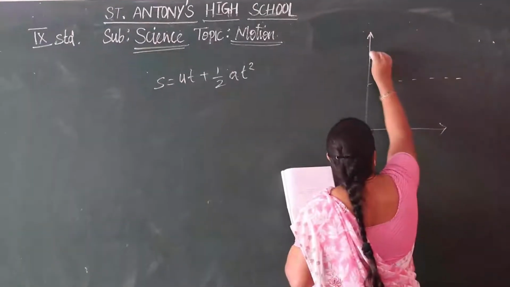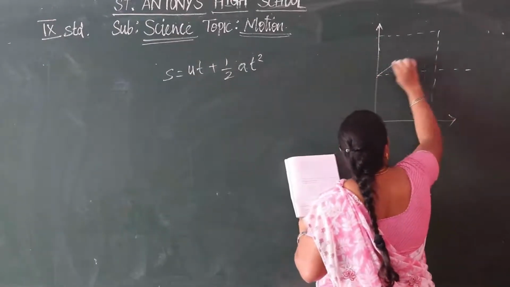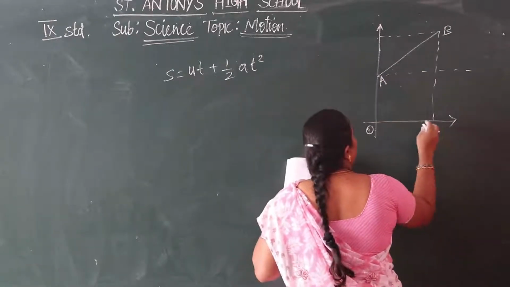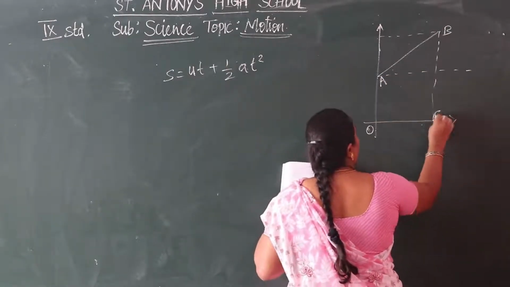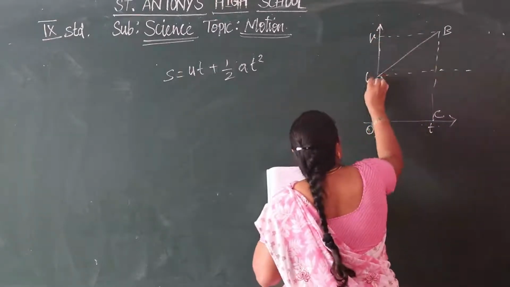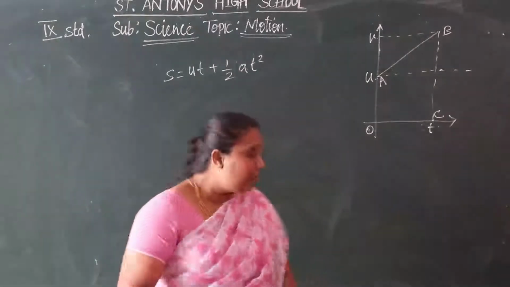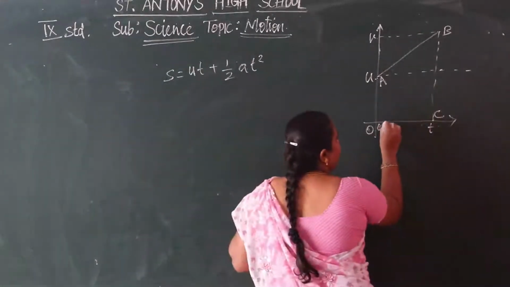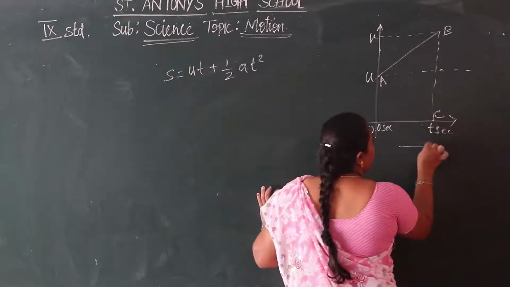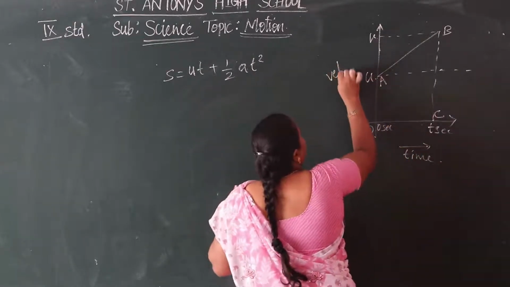See, this is the graph for all the formulas we have. This is the time taken. Here it is 0 seconds, and this is t seconds. This is time taken, and this is velocity.